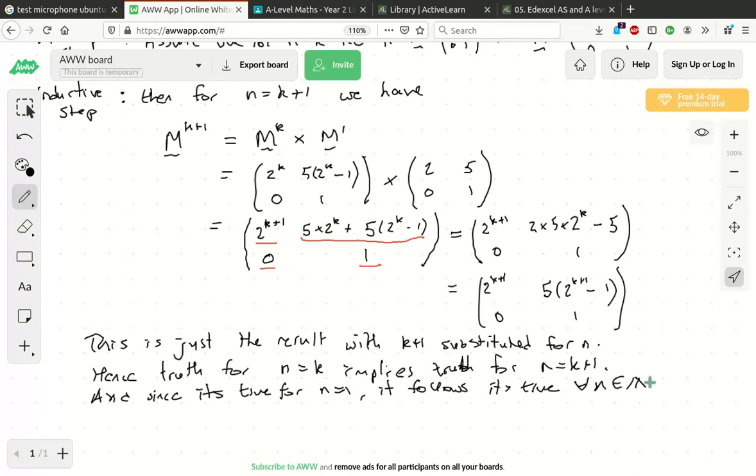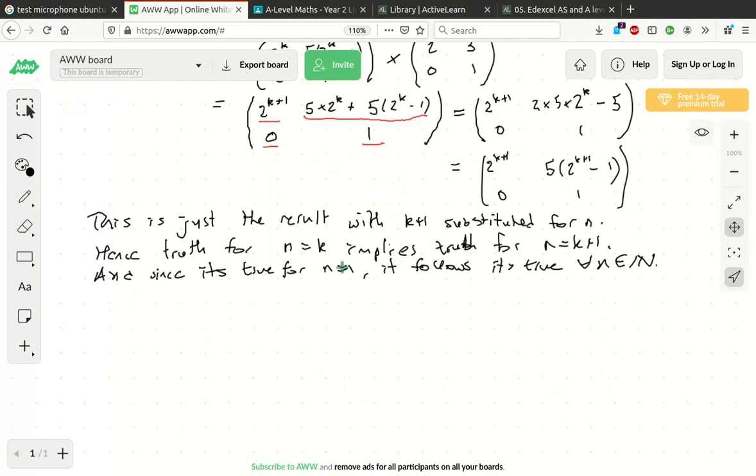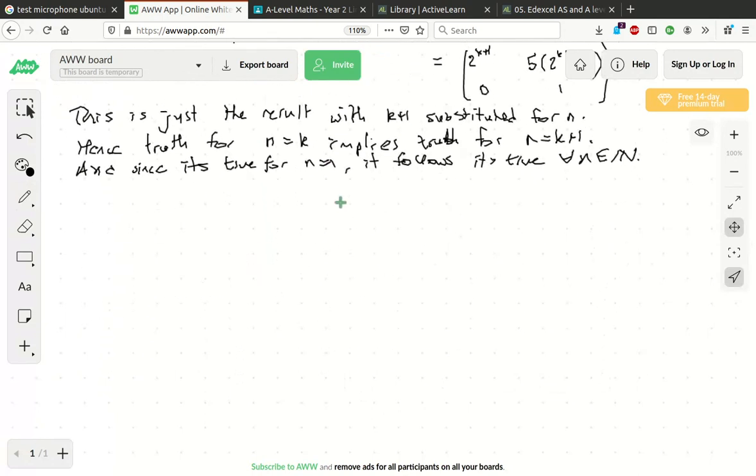I think every time I do the inductive remarks, I put it in a slightly different way, so apologies for that. But I think it shows understanding, though, if you just don't memorize something, but actually just put it in a slightly different way each time. But anyway, it doesn't really matter.